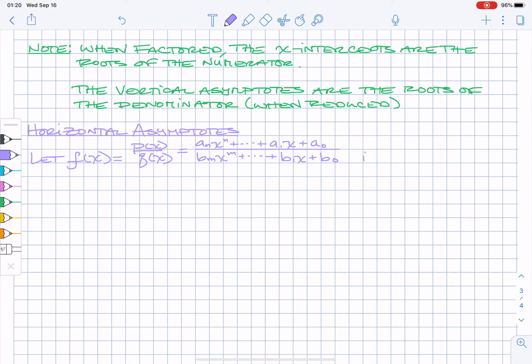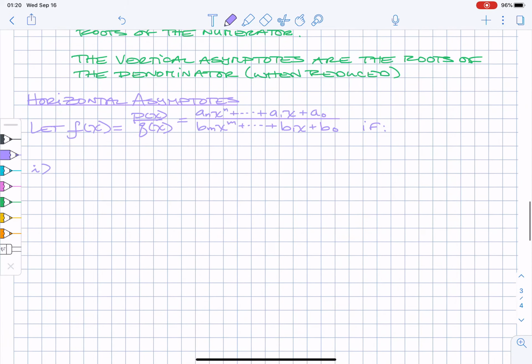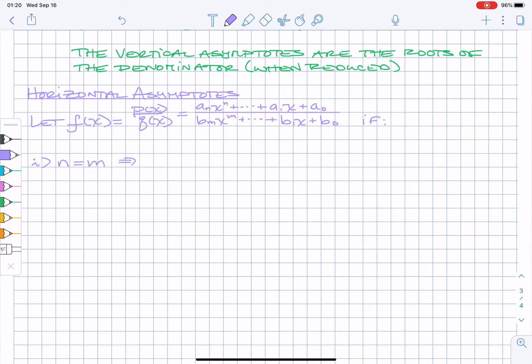Then, number 1, if the power on top, n, is equal to the degree on the bottom, the highest power, so if the degrees are equal, then the horizontal asymptote will be at y equal to the quotient a sub n over b sub m.